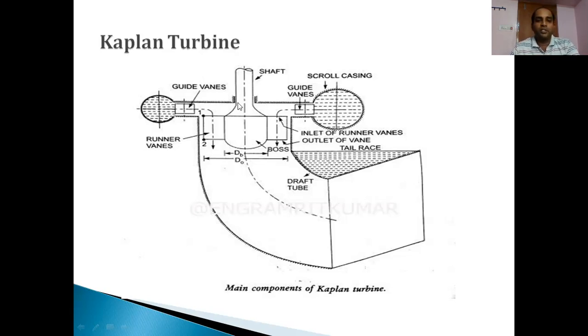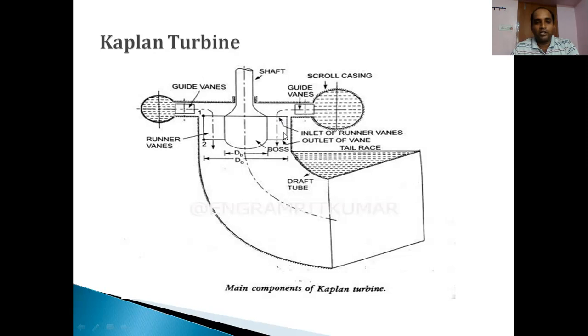Here also, if you observe, this is the front view of this turbine. If you observe carefully, this is the scroll casing itself. Then there is a center shaft. On this center shaft, that is a hub. Here you can see these parts. This is one part. This is another part.